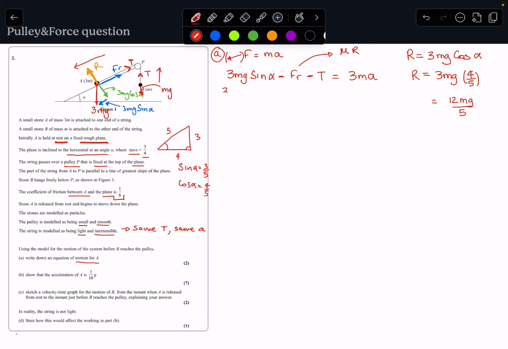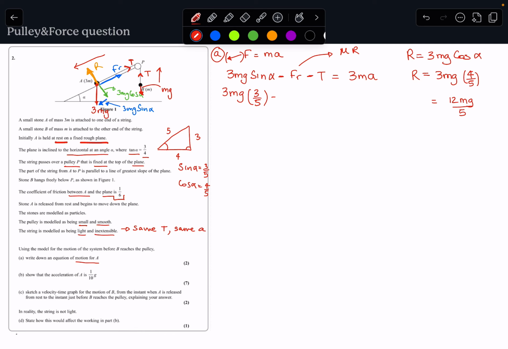So if I rewrite this again, that becomes 3 mg. My sine alpha, in this case, I know is going to be 3 over 5, minus 3 mg bracket 4 over 5. In fact, I can write the simplified answer, but given that I'll simplify later, I'll write it like this for now. Actually, let's write that, because we still have to do the multiplication after.